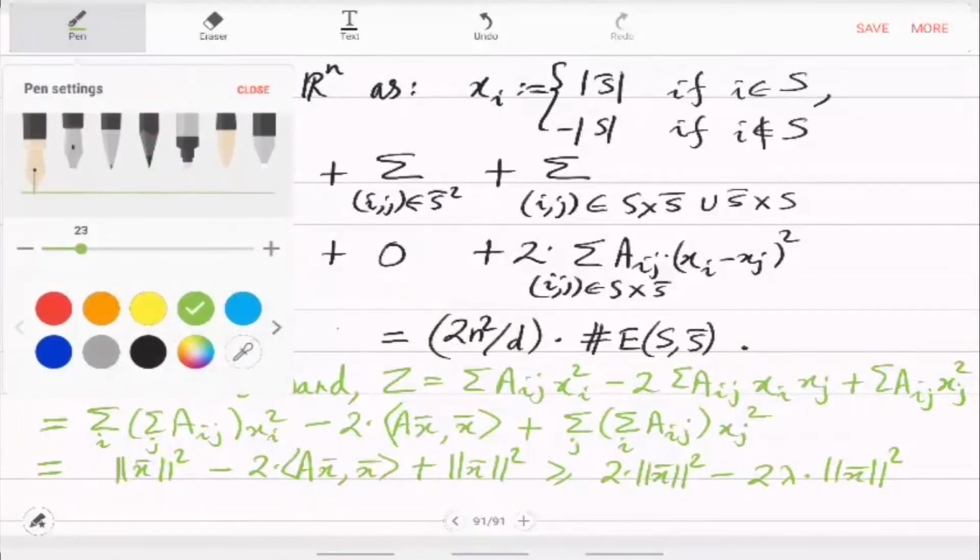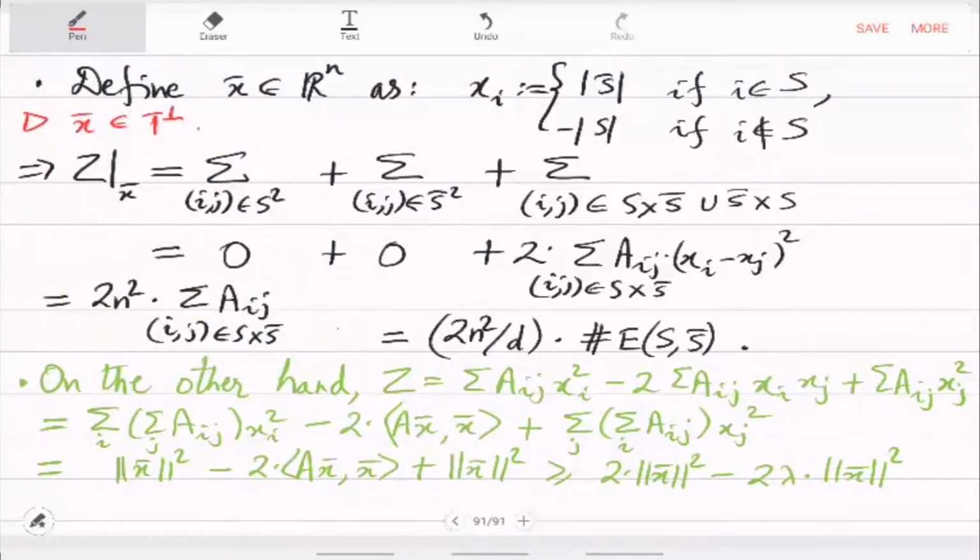What we are using here are these two things: that A x bar's norm is bounded by lambda times x bar norm, and then you also use that the value of the inner product is less than or equal to the product of the lengths.